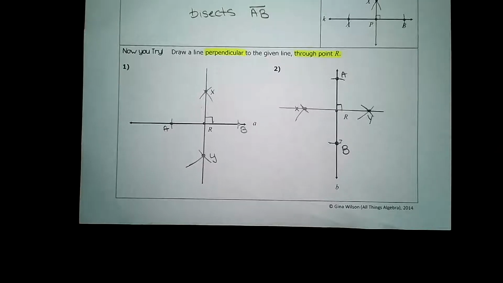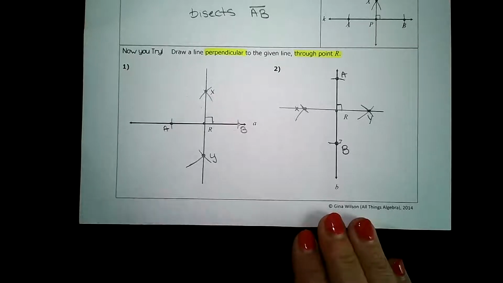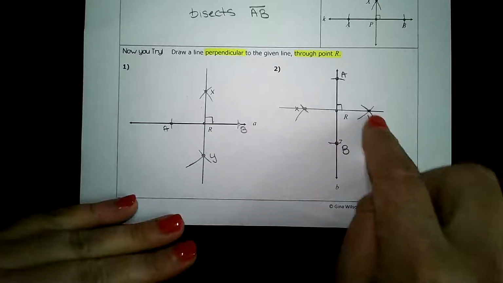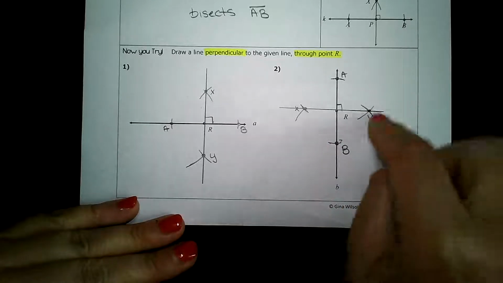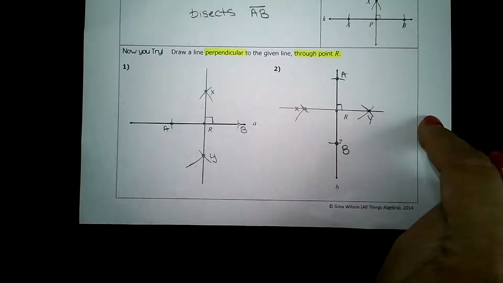Some questions, especially on your SOL test, want you to do the construction, but of course they can't grade the construction, so it might be a multiple choice, where there are several points out here, and whichever point your line goes through is the choice that you would pick out of the multiple choice options.